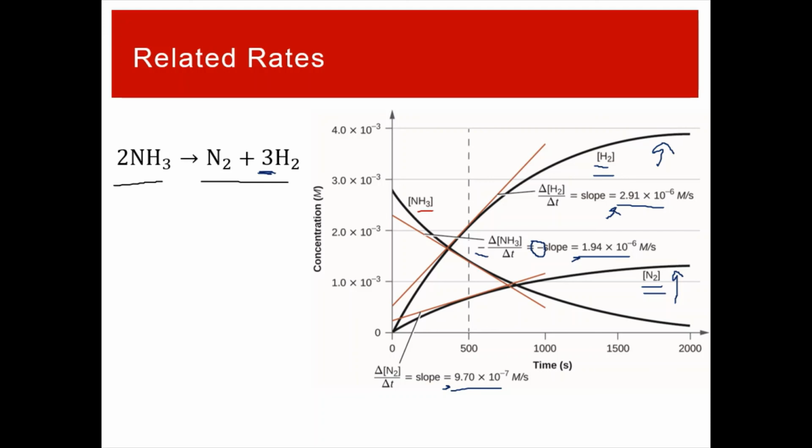And so these ideas, they're all showing the same reaction. It's the same chemistry that they're all describing, but they're going to show it in different ways. So we want to get a single number that comes out of all of these, and how we can, if we took all those numbers on there and divided by the coefficient, we would get the same singular number, which would describe the rate of the overall reaction.